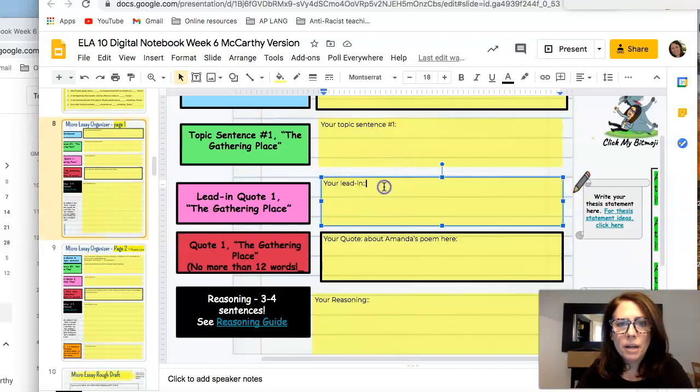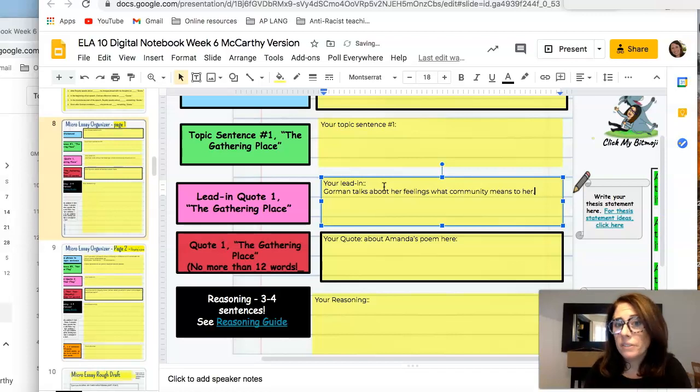It's the pink box. And I'm going to put who, Gorman. What does she do? You could just say talks about. That's a starting place. What does she talk about? Her feelings. Okay, her feelings about what? What community means to her. Great.